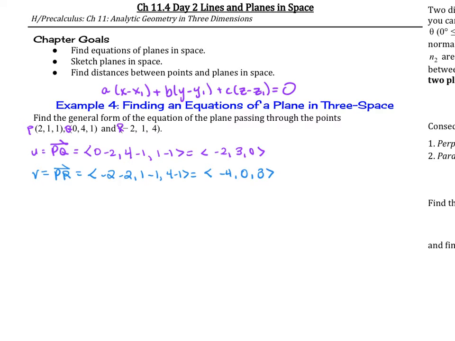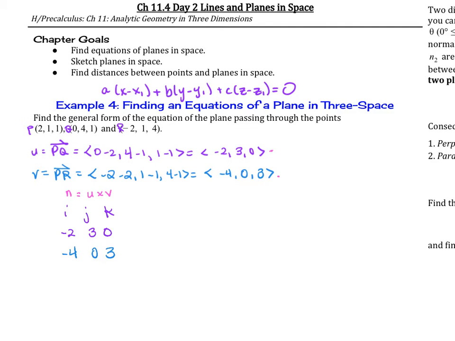To find the normal vector, we are going to say n, for normal vector, equals u times v. This is what we did previously. So we have u and v. We write i, j, k, and then u gets written first, which is negative 2, 3, and 0, and then v is negative 4, 0, and 3.